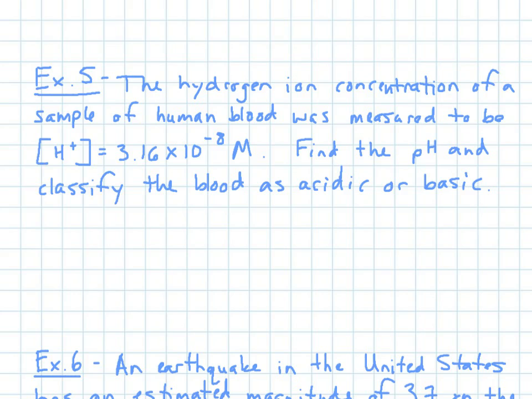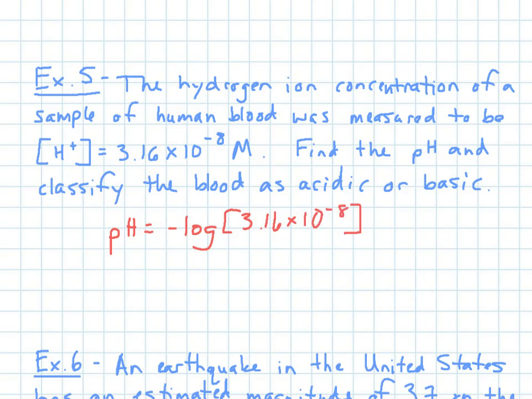Okay, so example 5 says the hydrogen ion concentration of a sample of human blood was measured to be 3.16 times 10 to the negative 8 moles. Find the pH and then classify the blood as acidic or basic. So here, I want to plug this into my formula, capital H. So negative log of 3.16 times 10 to the negative 8th.